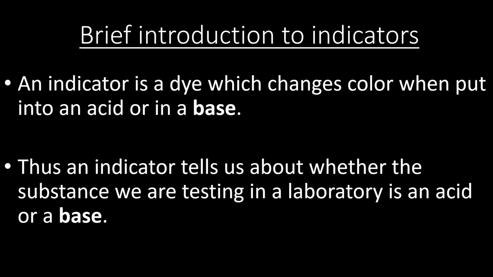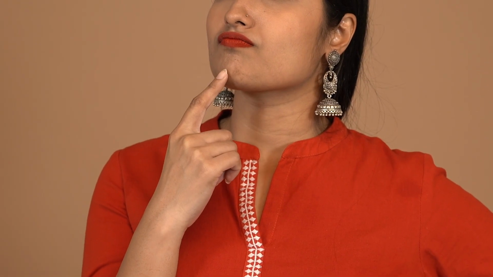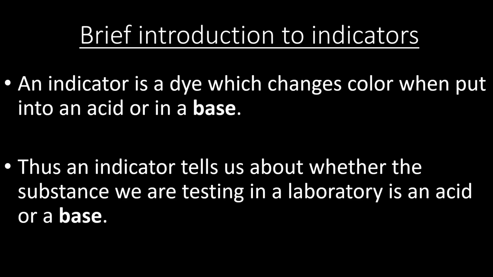Now, before studying bases, we should know what an indicator is. Because if you are given two containers with some liquid in them, how will you find out whether it is an acid or a base?